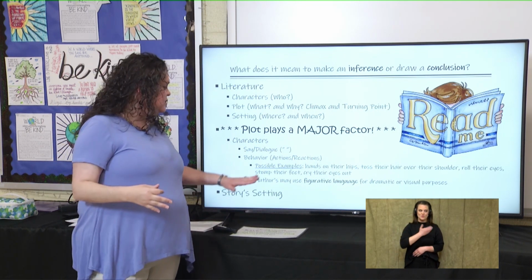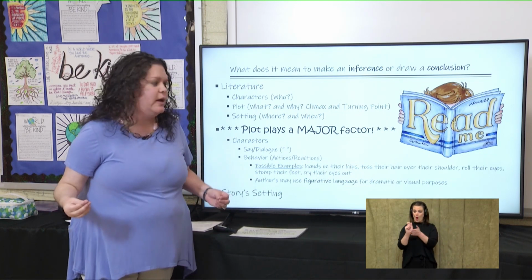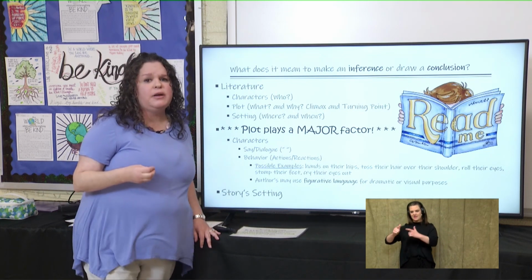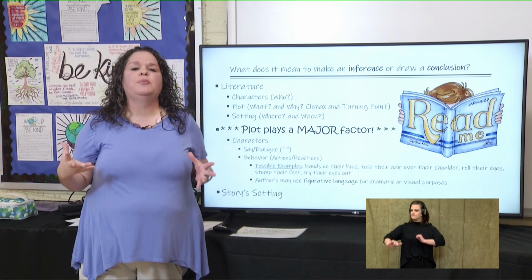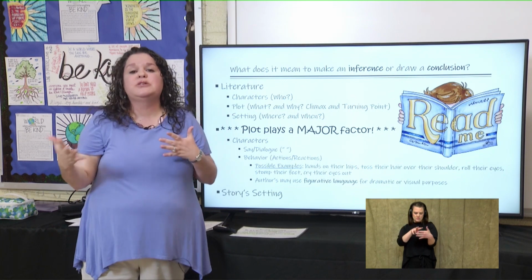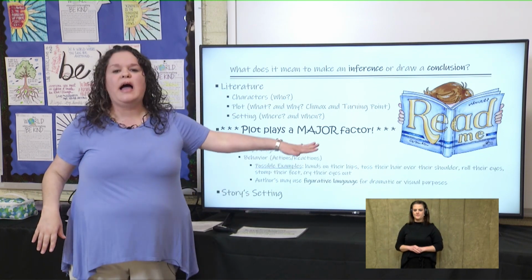Also, boys and girls, this is a great time for the author to use figurative language. And many times the author will use figurative language for dramatic or even visualizing purposes for the reader so that you can get a mental image of what's taking place within the story. For an example, cry their eyes out.